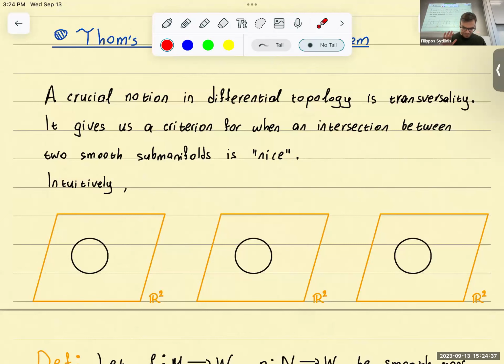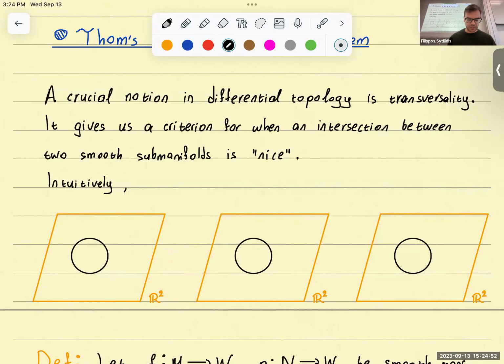So the intuition is that we want to define a way where manifolds intersect in a nice way.